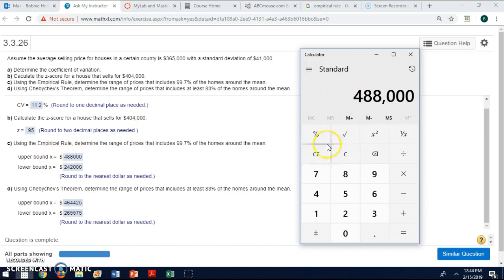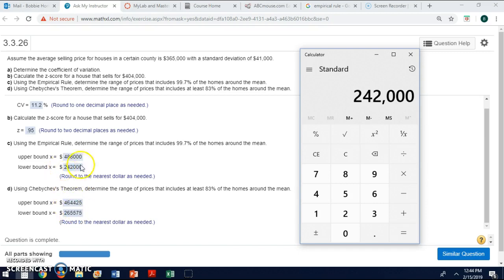Then to get your lower limit, you use the 123,000, which was 3 standard deviations. The standard deviation is 41,000, and 3 times 41 is 123,000. To get your lower limit, you take the mean and subtract 123,000.